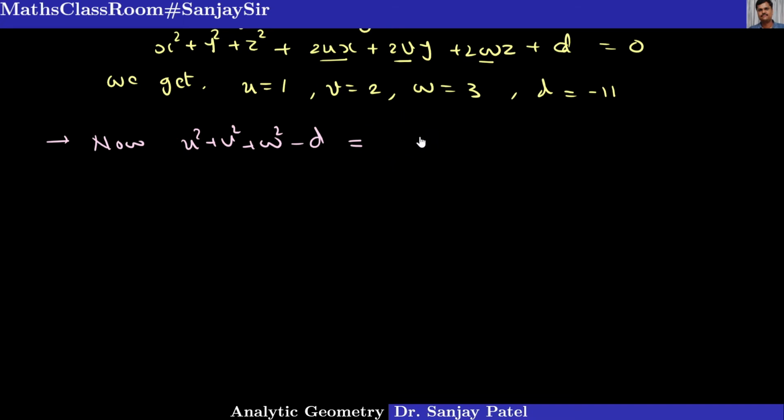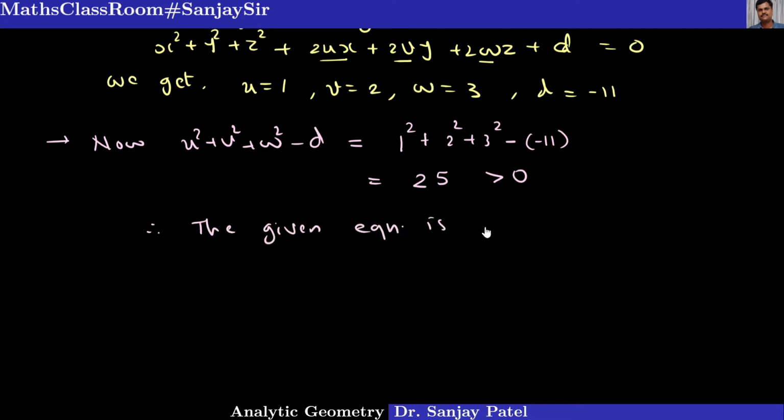So u, v, w are 1, 2 and 3. So 1 square plus 2 square plus 3 square, and minus d means plus 11. So 1 plus 4, 5, 5 plus 9, 14, 14 plus 11. So this is 25 and it is positive. So therefore, the given equation is a sphere.